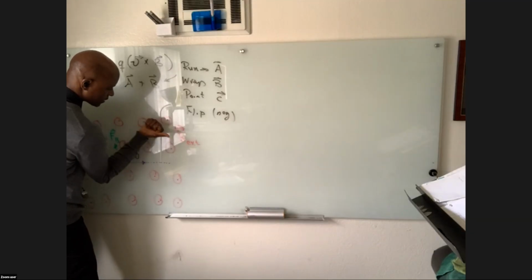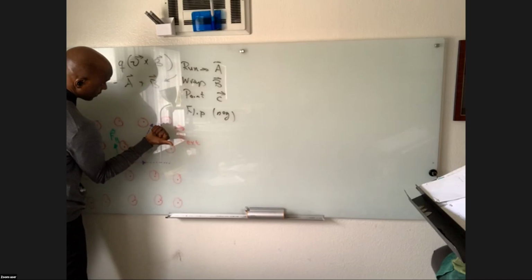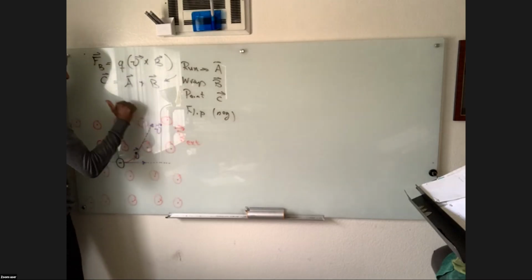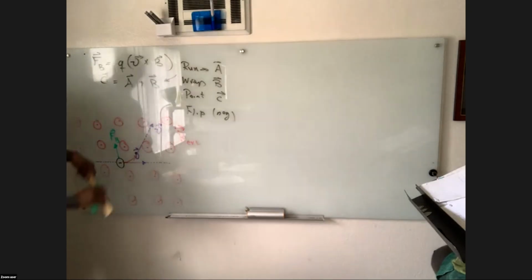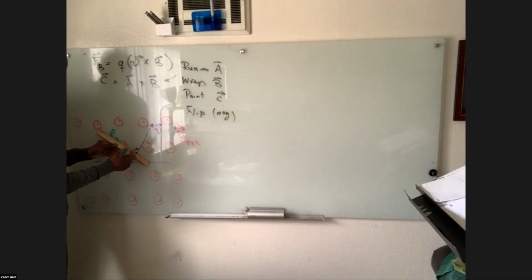Then point, which is basically southeast, but then it's negative, so I have to flip. So that's northwest, something like that. So if I draw it in, F is perpendicular to both V and B, still satisfying the rule, and it points like this, okay?